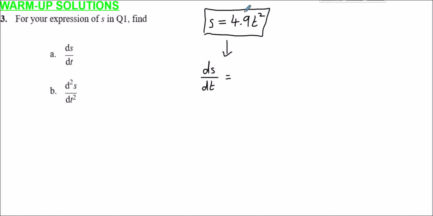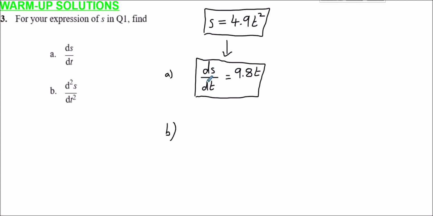So this 2 multiplies the 4.9 to give us 9.8. The power of t becomes t to the power 1, which is just t. So ds by dt is 9.8 t. But remind ourselves of what we got from question 1 and question 2. This is the velocity. So it seems that when we differentiate the displacement with respect to time, we end up with a velocity.